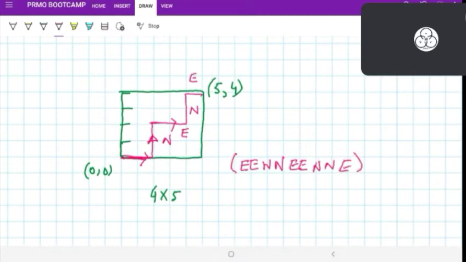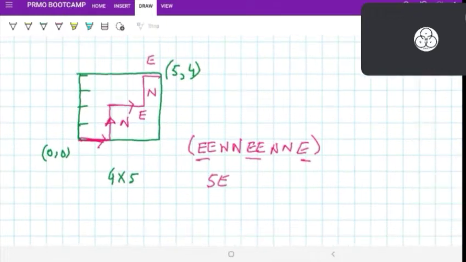Now how many such paths are possible? If we draw any path, it doesn't matter which. What is the total number of easts? There should be a minimum of 5 easts. We're going from 0 to 5, so there are 5 units east and 4 units north.